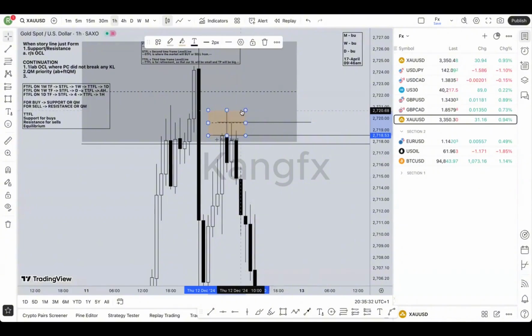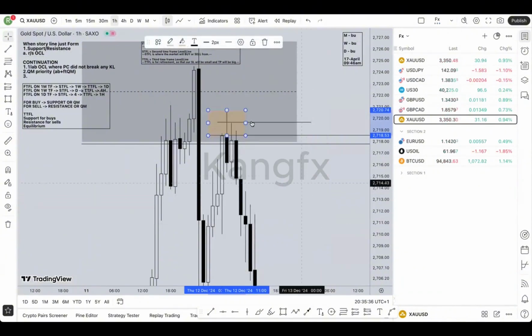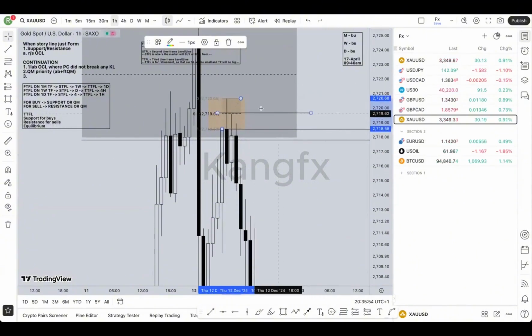Or if your box has no line, you can use your Fibonacci tool, mark from the beginning of the body of that resistance to the wick. You also get your equilibrium there. You see that? So that is your equilibrium at that point. So we mark that place and use that as equilibrium.